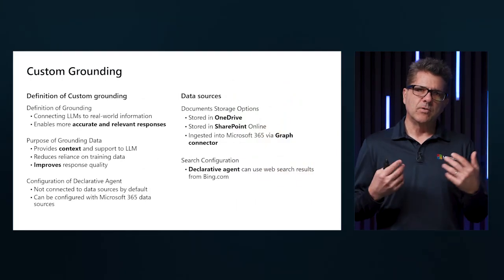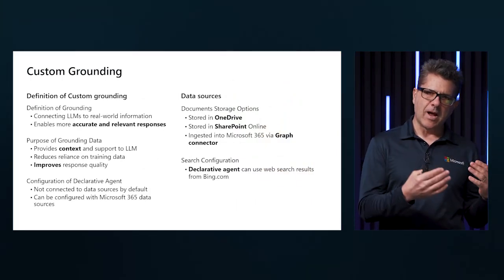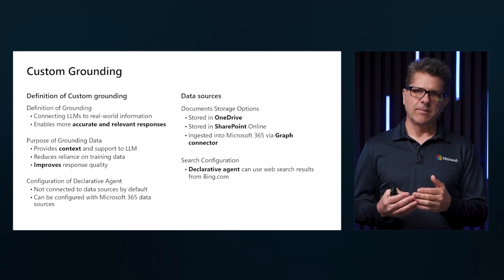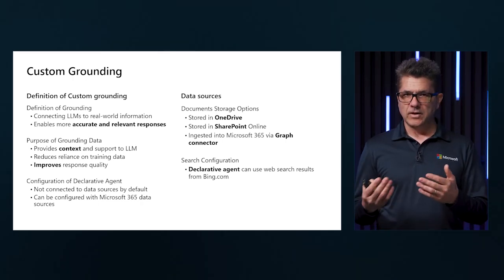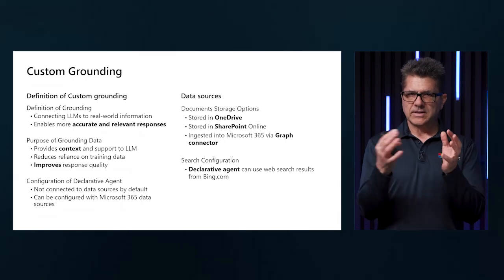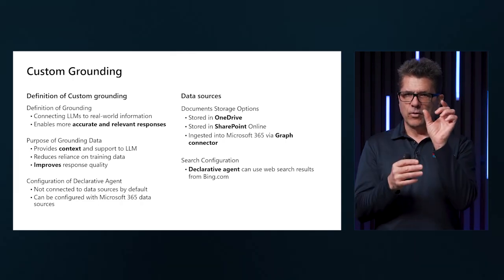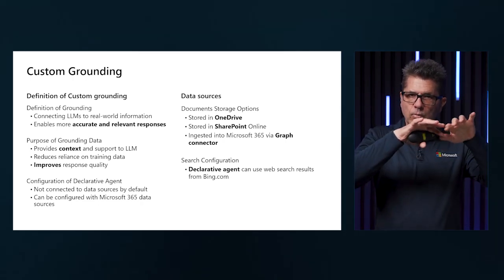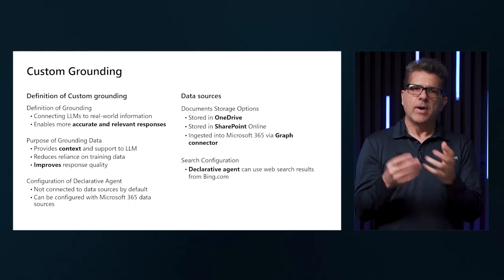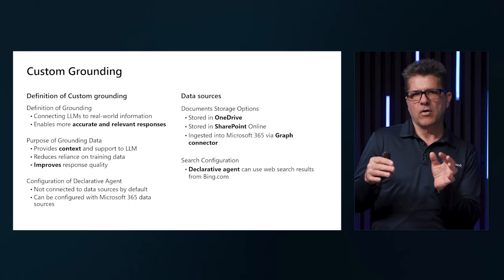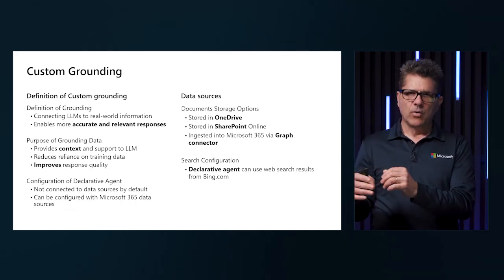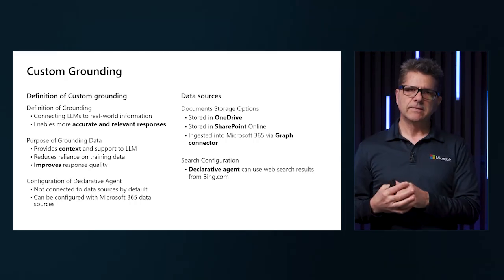We look at the custom grounding. The custom grounding means I'm going to connect my LLM to real-world data. I did mention that Microsoft 365, when I click on work, it means it's grounded on my work data. But maybe I have a better response if I'm going to be grounded on my OneDrive or my SharePoint data.